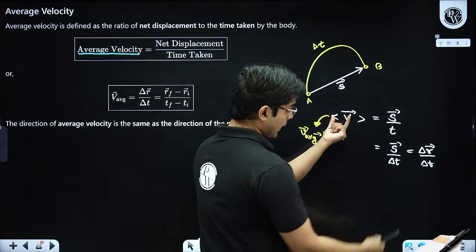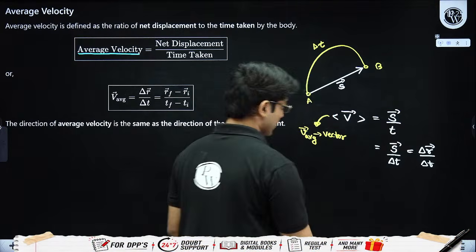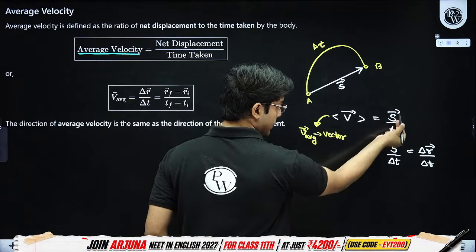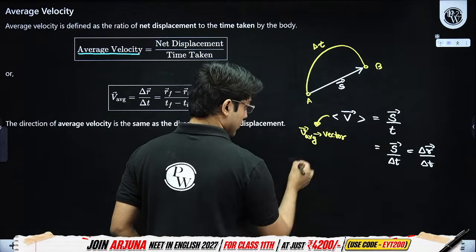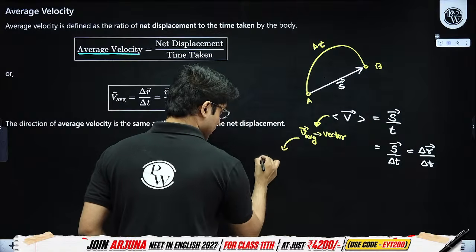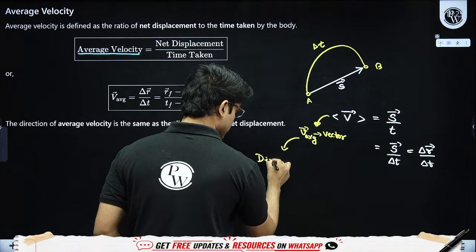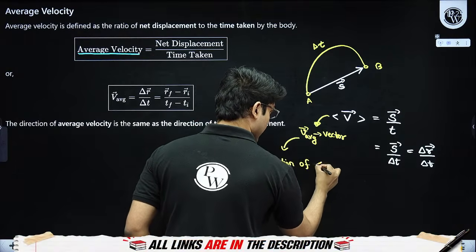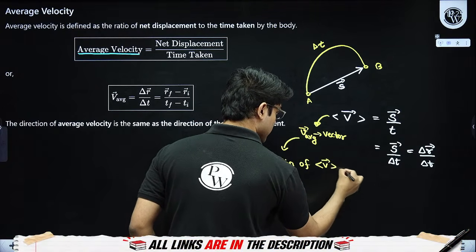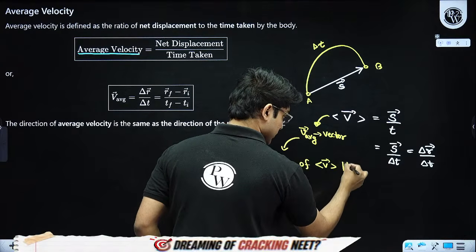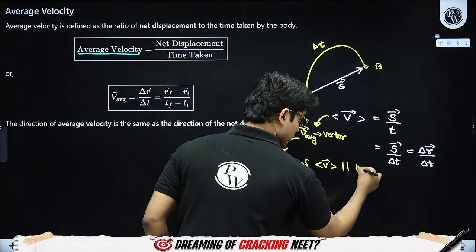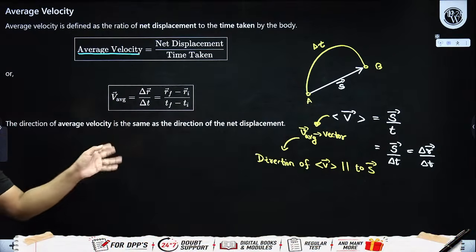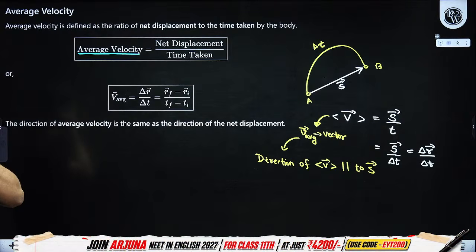On the right side, we have the displacement vector, so average velocity's direction is the same as displacement vector's direction. The direction of average velocity vector is parallel, this symbol stands for parallel, to displacement vector. So average velocity and displacement are parallel to each other.